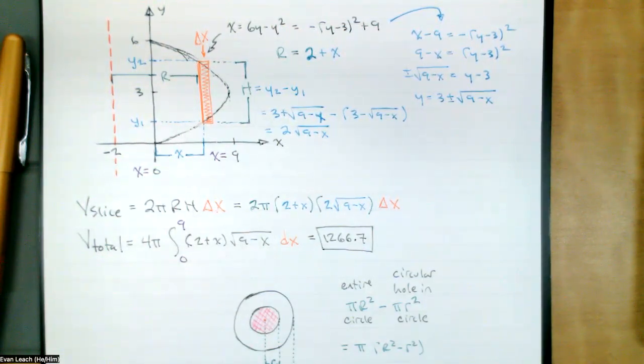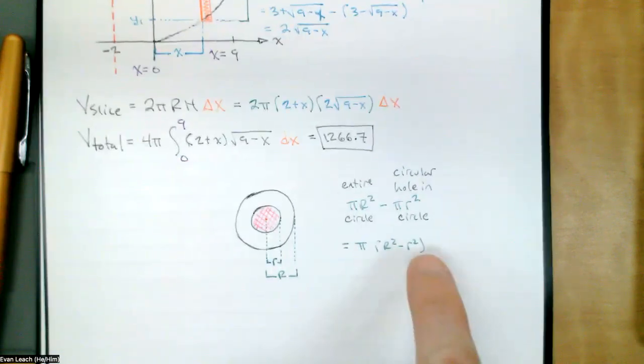So the hole is there because my axis of rotation is 2 plus x. Think of our radius as 2 plus x, but we only integrate when x starts at 0. So that's creating the hole when we slice parallel. Slicing perpendicular, we had to have the hole as part of our calculation.